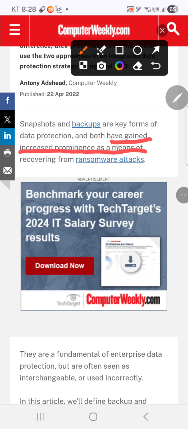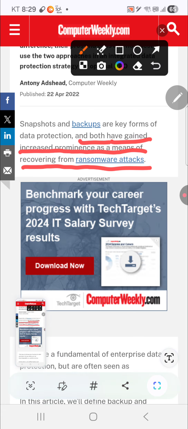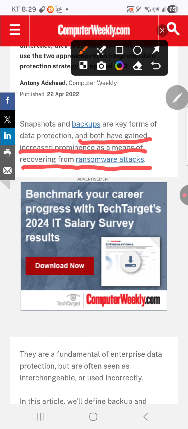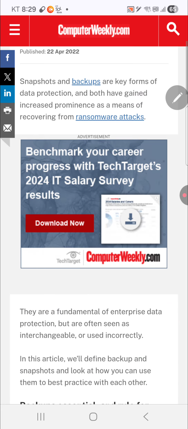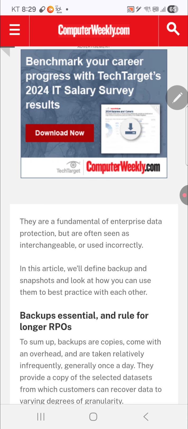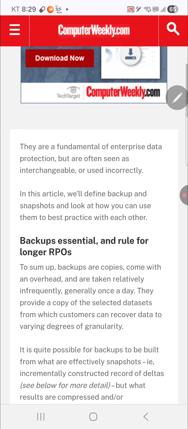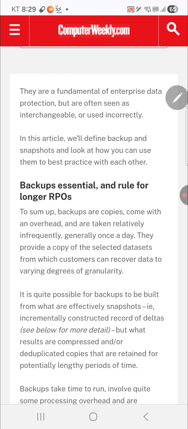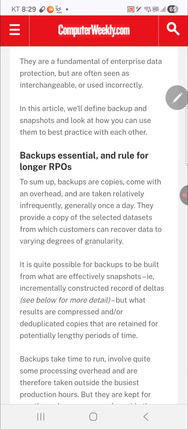They are fundamental to enterprise data protection, but are often seen as interchangeable or used incorrectly. In this article, we will define backup and snapshots and look at how they can work best in practice with each other.